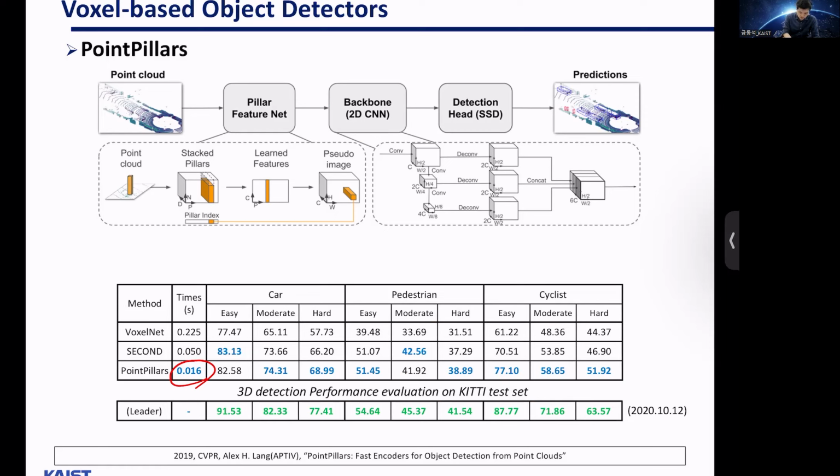So one of the key contributions of this work was to make a fast LiDAR object detector. So there was a pretty good balance between the performance and the speed.